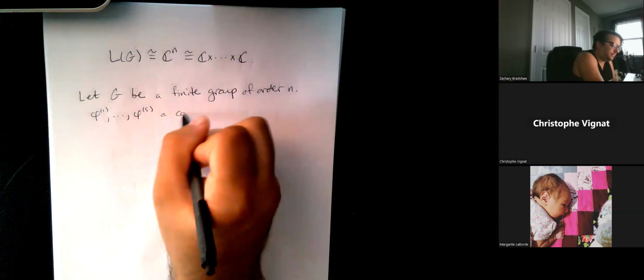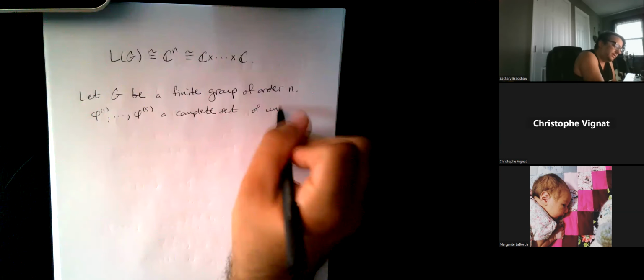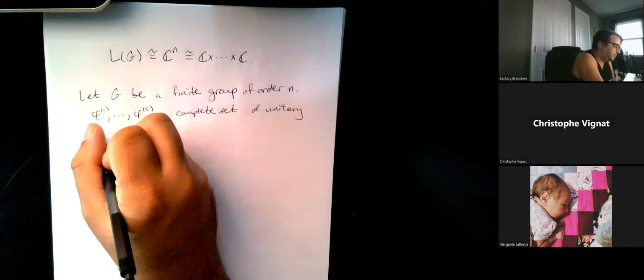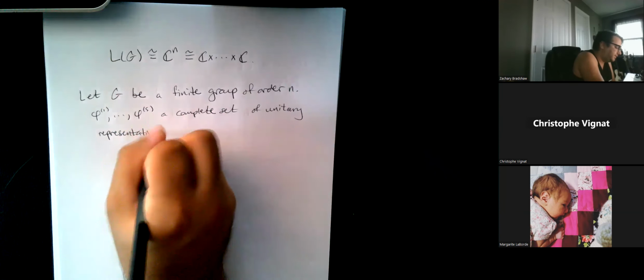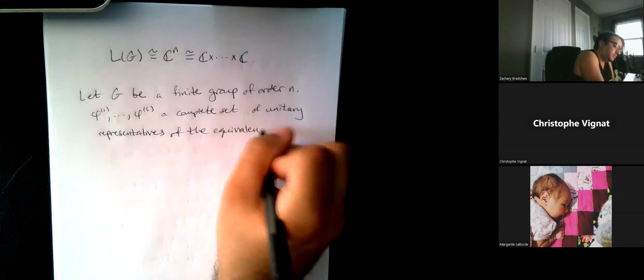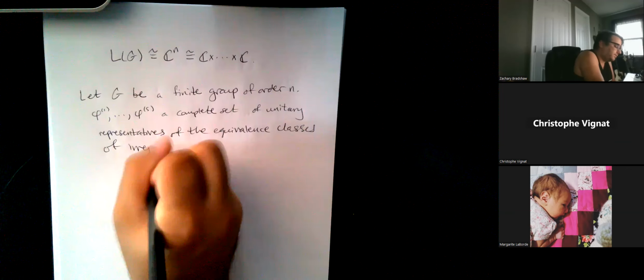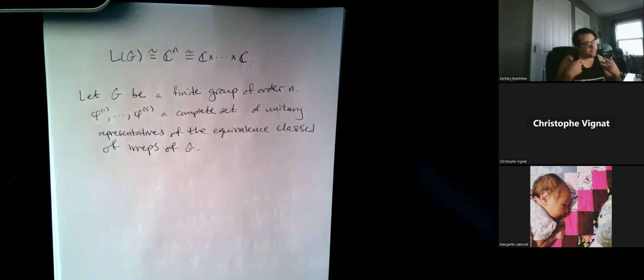Maybe I'll write down exactly what I mean. A complete set of unitary representatives, actually, representatives of the equivalence classes of irreducible representations of G. So again, G has several irreducible representations, and there are some that are equivalent to each other.